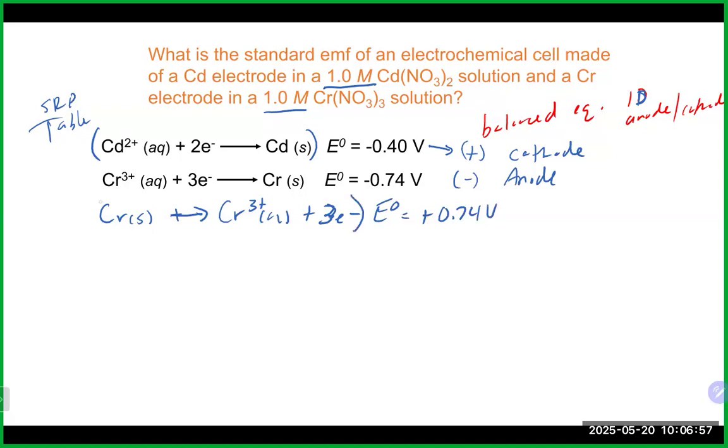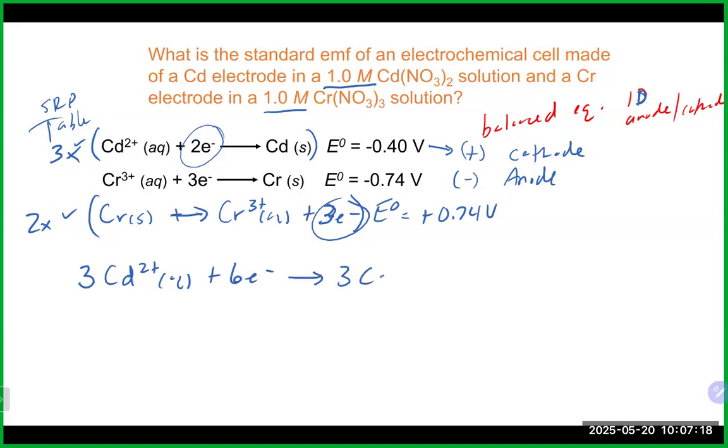We also would need to add this equation and this equation together, but like normal, our electrons do need to be the same. So we would have to multiply the top guy by 3, bottom guy by 2. If I rewrite it underneath here, that gives us 3Cd2+ plus 6 electrons goes to 3Cd solid. Again, by multiplying, it has no effect on the E value, so it stays the same.